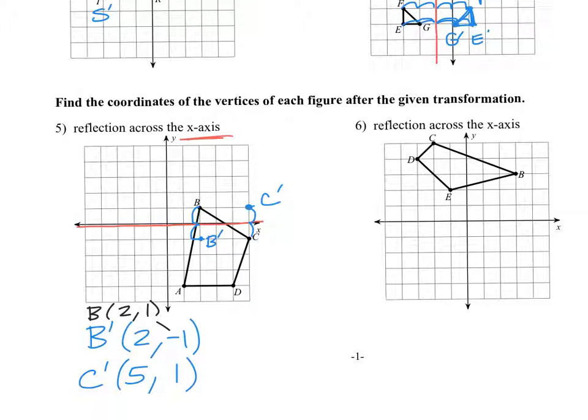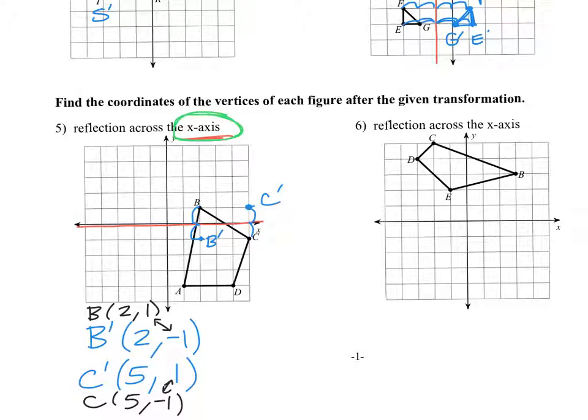Well, what happened? My y switched signs. Okay, where was the original C? The original C was at the point 5, -1. What happened? My y switched signs. So it's weird, but a shortcut to this is if you flip across the x-axis, you switch the y values.